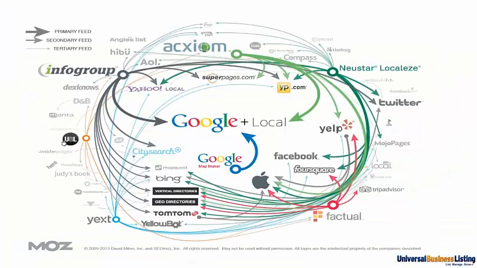Now, many people are familiar with the ecosystem map that's drawn excellently by David Mihm's Get Listed, which is now part of Moz. And it helped focus the attention on this circular data issue, but mostly with a focus on data providers and their publisher relationships. It is worth a caution, though, that some people have viewed this chart as a definitive schematic, not the helpful illustration that it is.